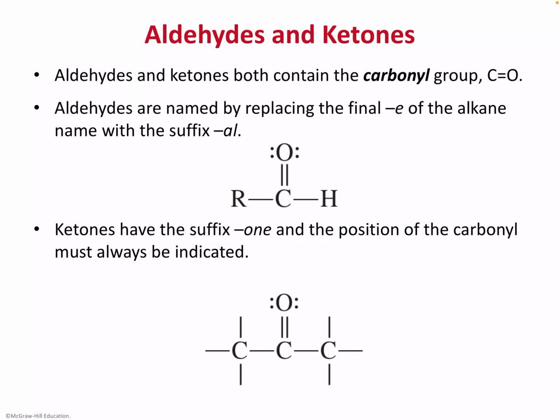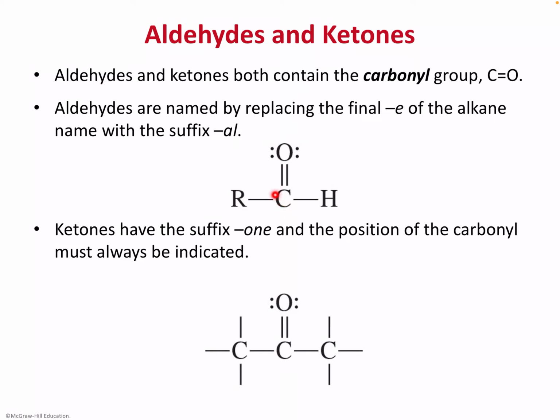And aldehydes and ketones, these are some other functional groups. They contain the carbonyl group. A carbonyl group is a carbon-oxygen double bond. Aldehydes are named by replacing the final E of the alkane name with the suffix al. If this is ethane, it would be ethanal, propane, propanal, butane, butanal, like that.